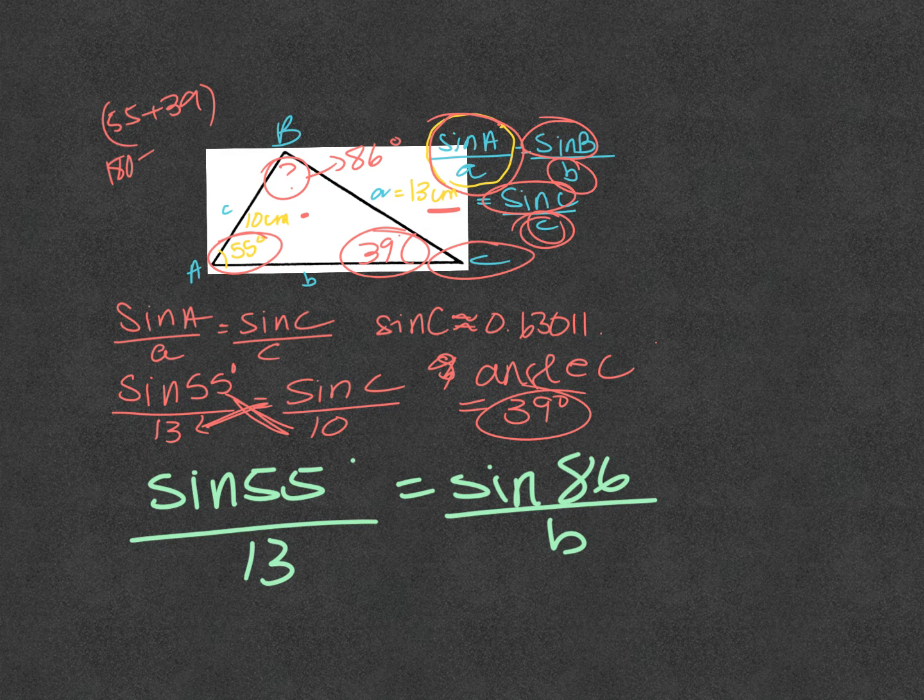Now we're going to do the same operation. We're going to solve our proportion the way you've learned in Algebra 1. 13 times sine of 86, and we're going to divide that by sine of 55.